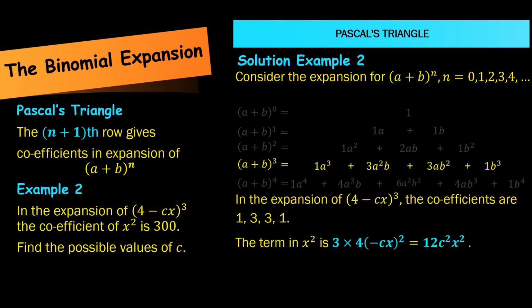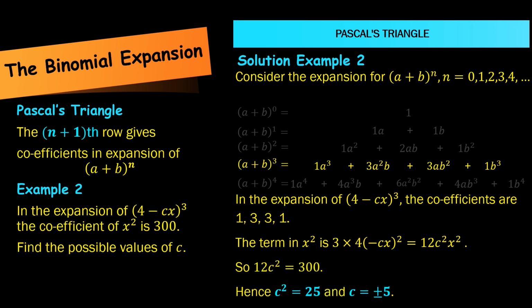And so this tidies to 12c squared x squared. Therefore 12c squared equals 300 as per our question. Rearranging gives us c squared equals 25, and of course this implies that c equals plus or minus 5.